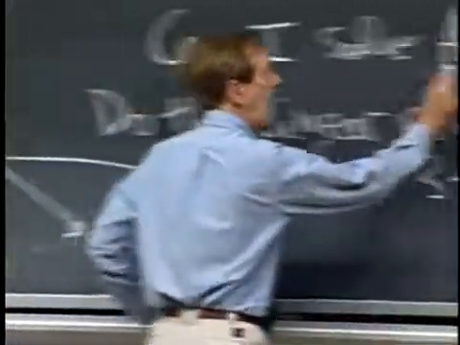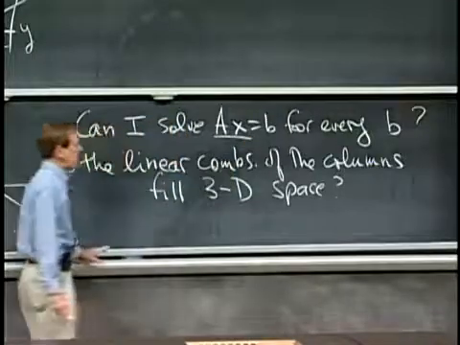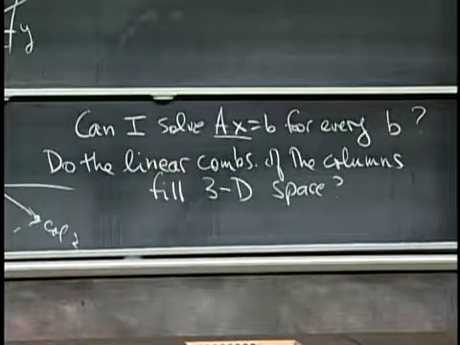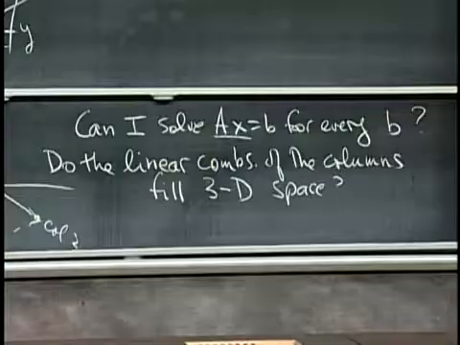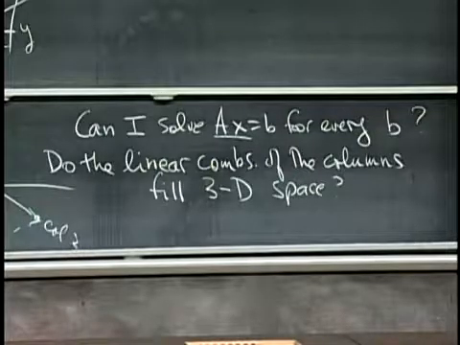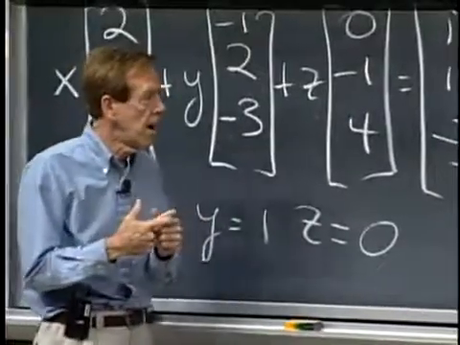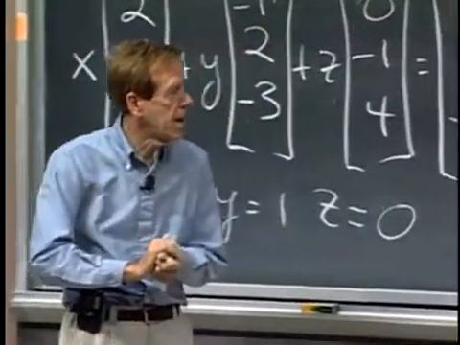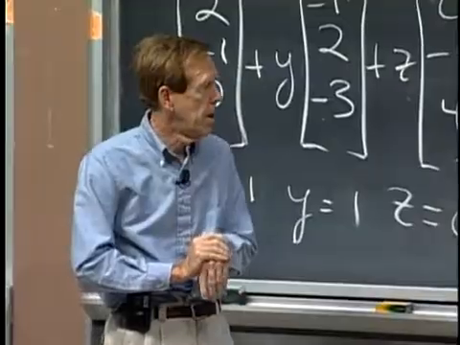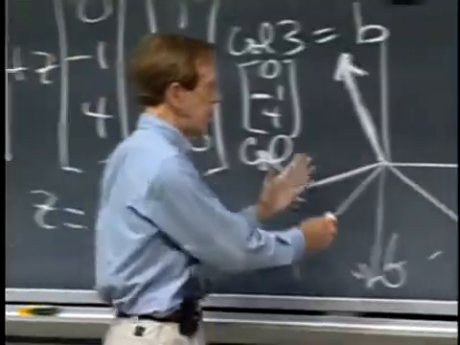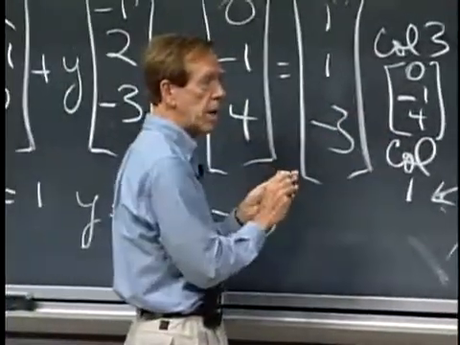Solving Ax, oh, that's very important. A times x, when I multiply a matrix by a vector, I get a combination of the columns. I'll write that down in a moment. But in my column picture, that's really what I'm doing.